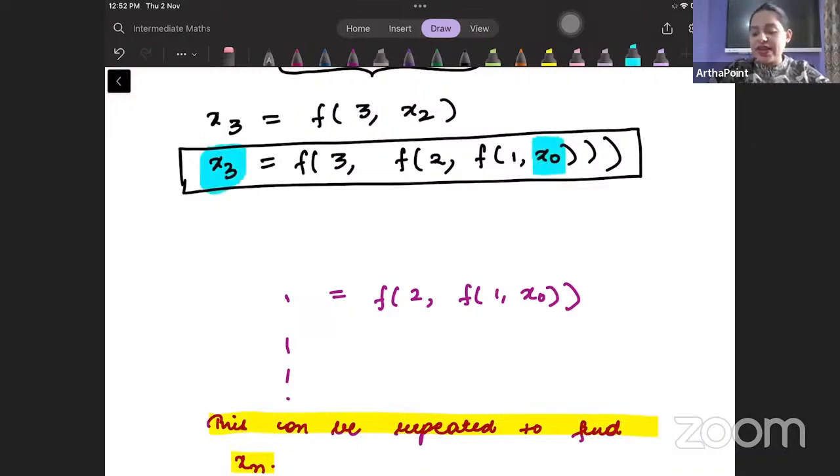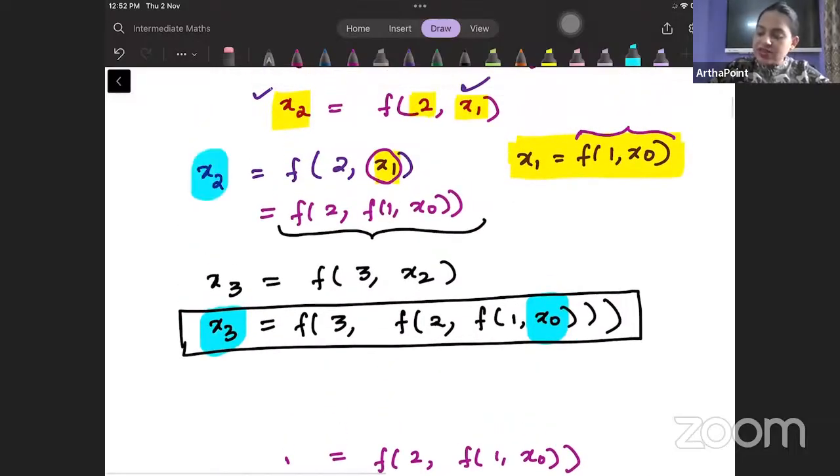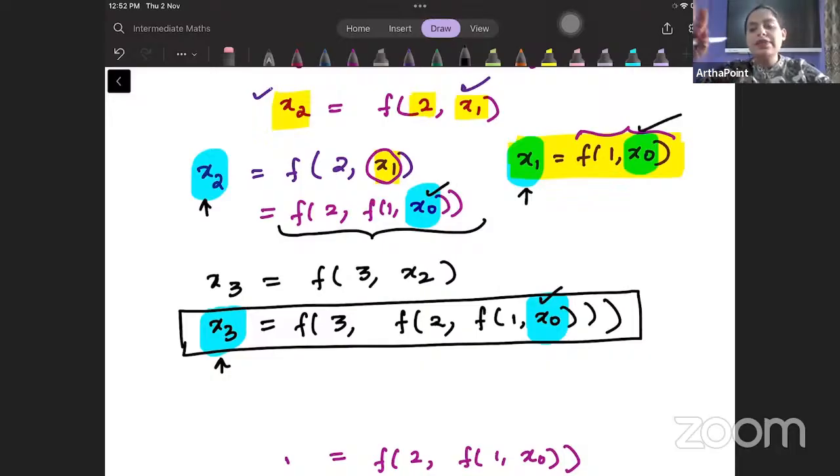देखो x3 को मैंने x0 के टर्म्स में लिख दिया, x2 को भी मैंने x0 के टर्म्स में लिख दिया, x1 को भी मैंने x0 के टर्म्स में लिख दिया. So ultimately each variable, whether it is x1, x2, x3 or so on and so forth, can be written as a function of x0. हर जगह पे मैंने rewrite करके x0 का ही टर्म कर दिया.